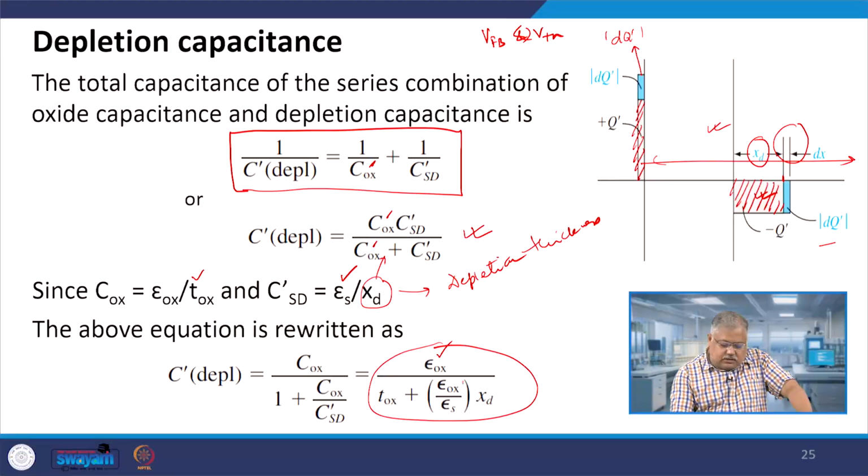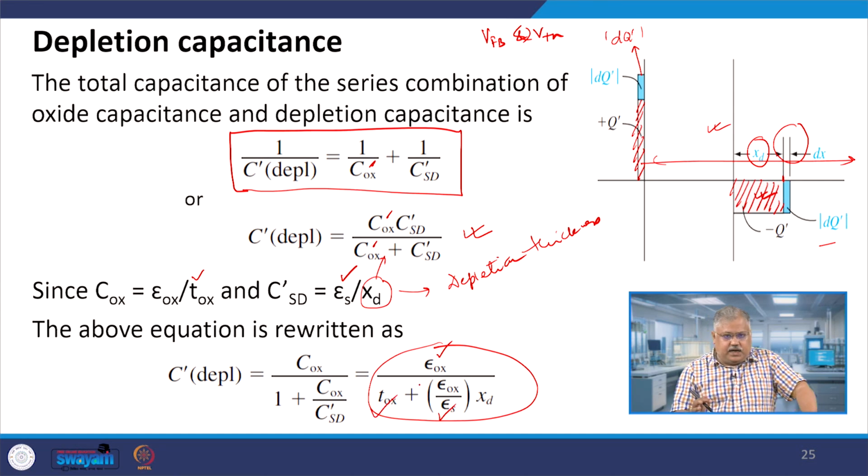As you further increase the value of xd by application of an external bias on the gate side, your C depletion will actually fall down. So, C depletion is inversely proportional to the value of xd. So, if you see in all this formulation which I have red colored, my epsilon ox, epsilon silicon and Tox are almost constant.